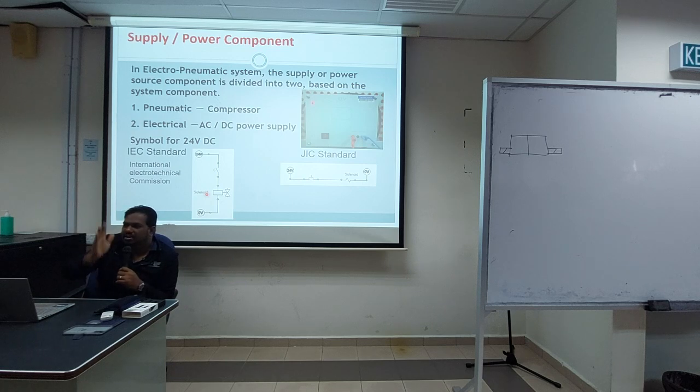So the line will be vertical. So boleh tengok line 1, line 2, line 3, line 4. Kemudian kita ada Japanese International Standard ataupun International Commission. Dia akan mendatar. So the circuit, so line 1, line 2, line 3, line 4, dia akan mendatar.